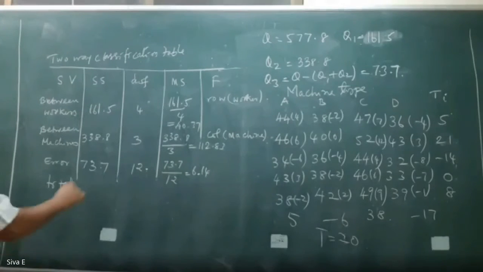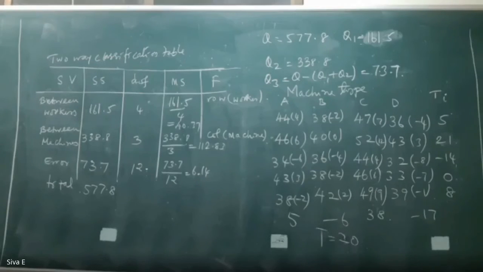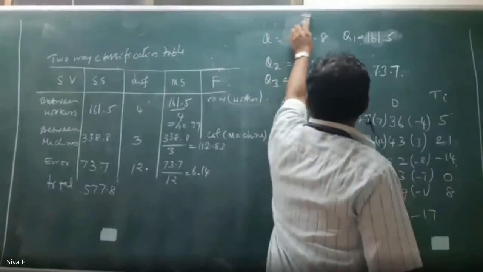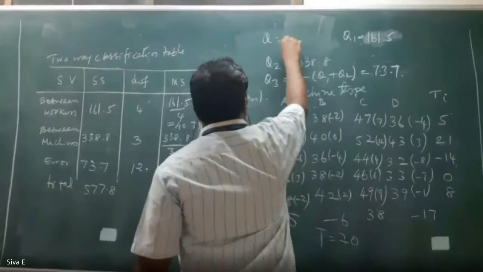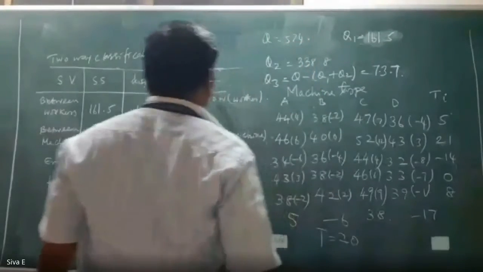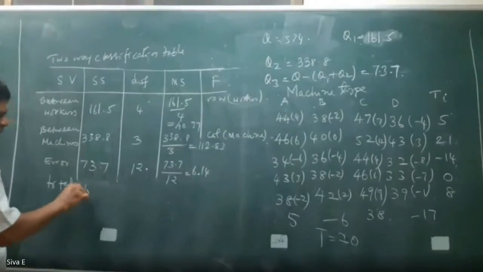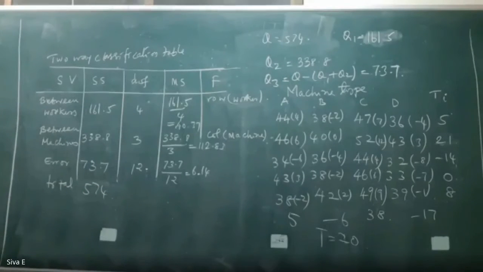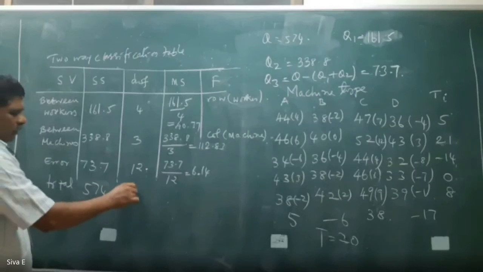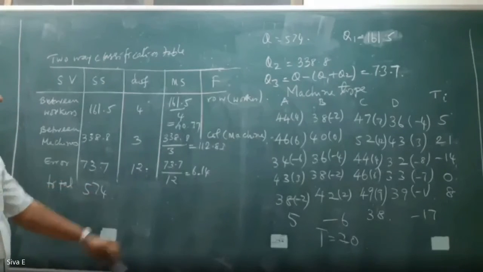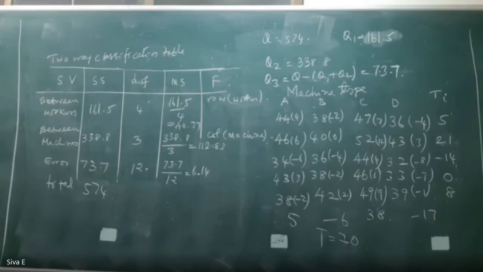Last, total you have to write. Total is 577.8. And then the degrees of freedom is RC minus 1.